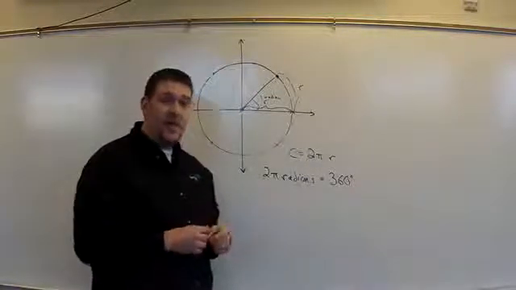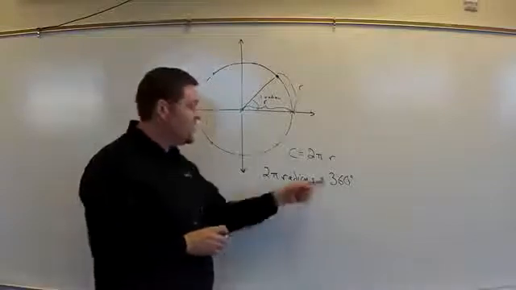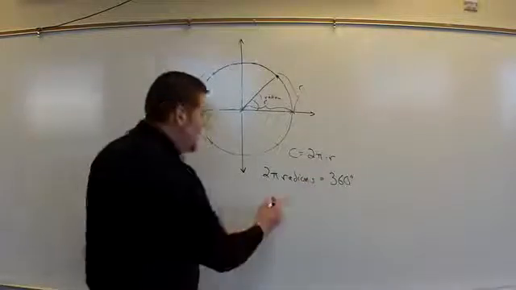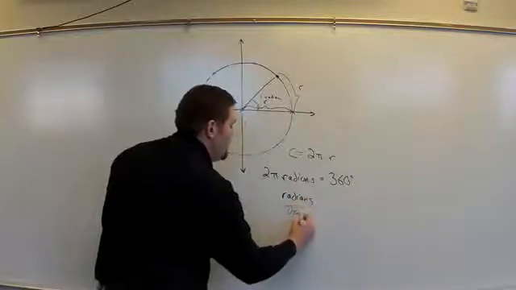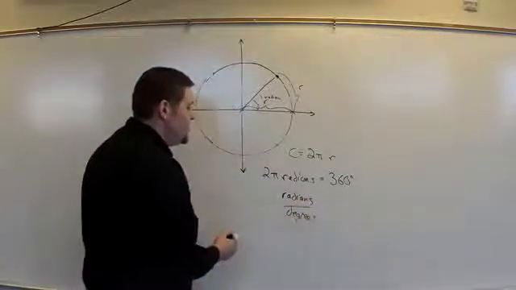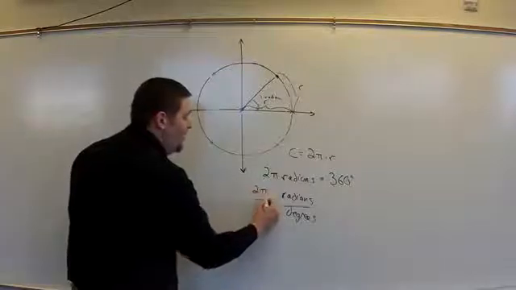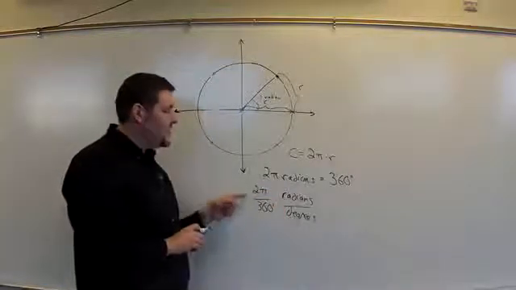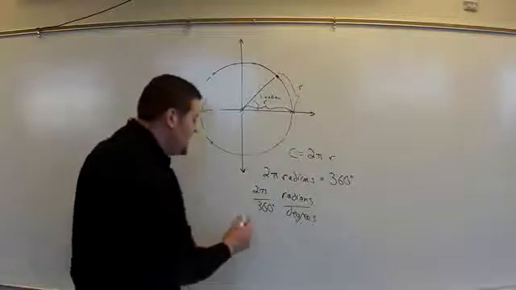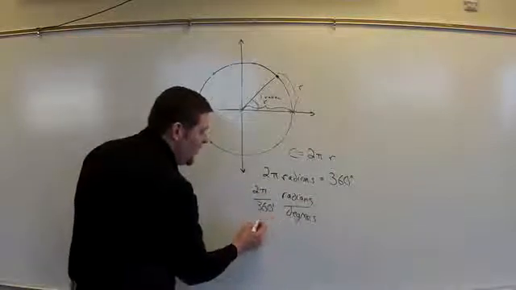Now, typically, in our math classes, we reduce this a little bit. We write the ratio of radians to degrees. And when you write the ratio, that's 2 pi over 360. But we learned early on that in fractions, we like to reduce these. So 2 into 360 goes 180 times.